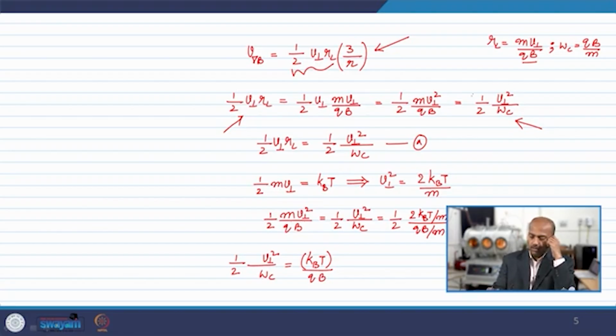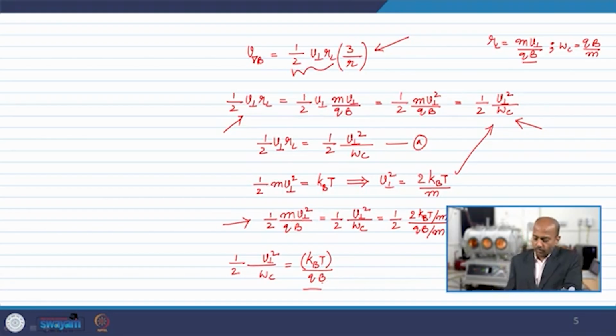The kinetic energy, half mv perpendicular square, is equal to kBT, so we can write v perpendicular square as 2 kBT by m. I have used this in the formula, and now I have got this. So this entire factor which is multiplying 3 by R is equal to kBT by qb, right.